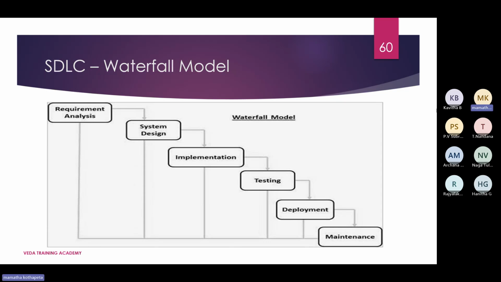Just like a waterfall, all the phases fall from top to bottom. The next phase is only started once the previous phase is finished, whatever the goal that has been defined for that particular phase. Once it is achieved, then only it will go to the next phase.